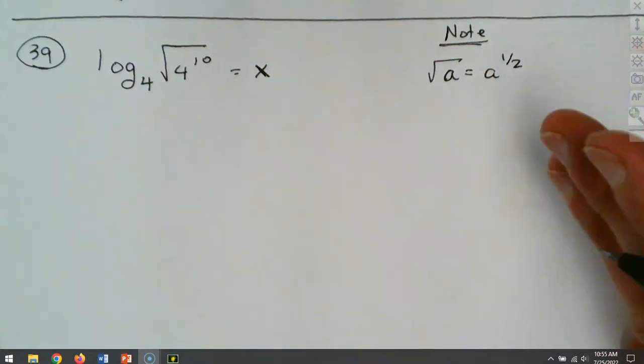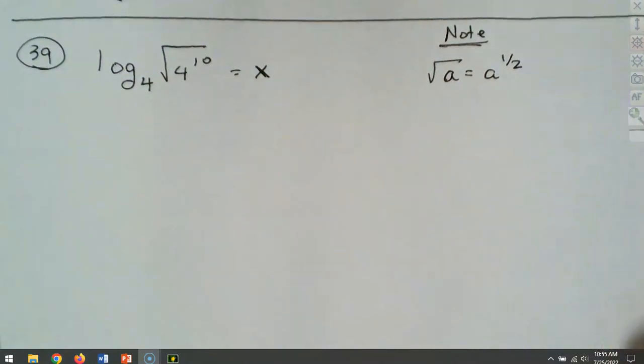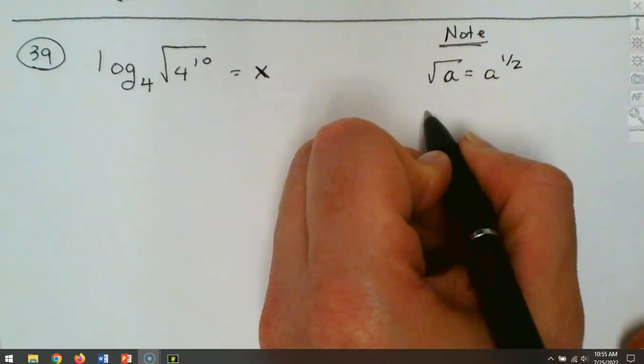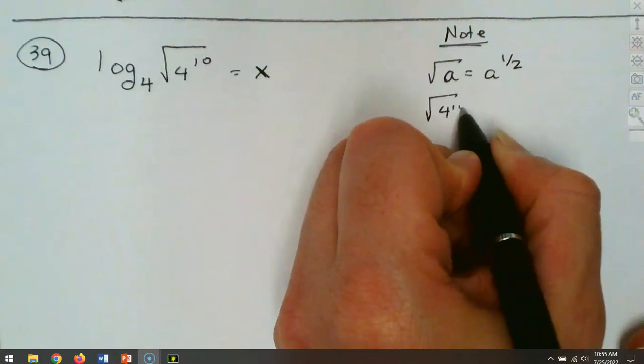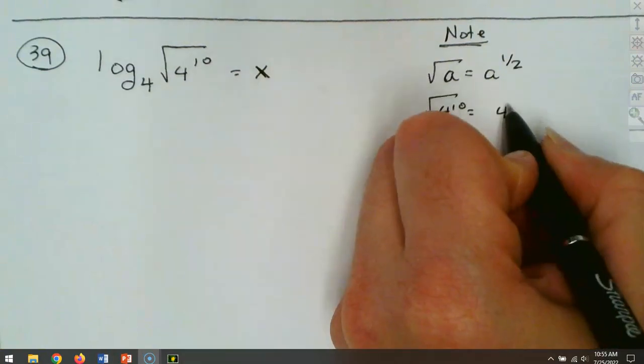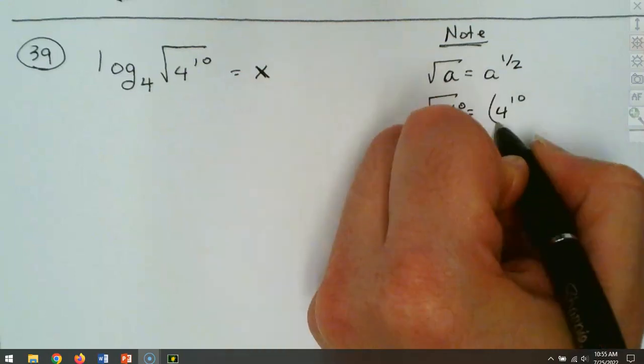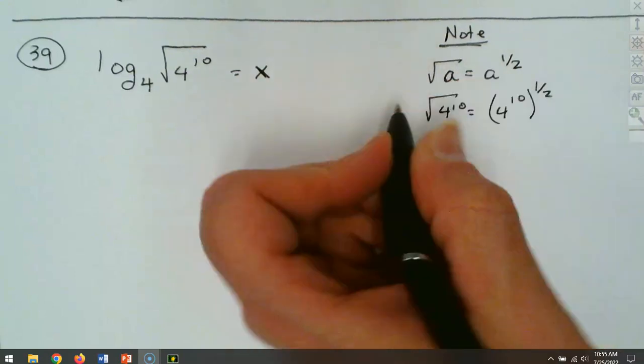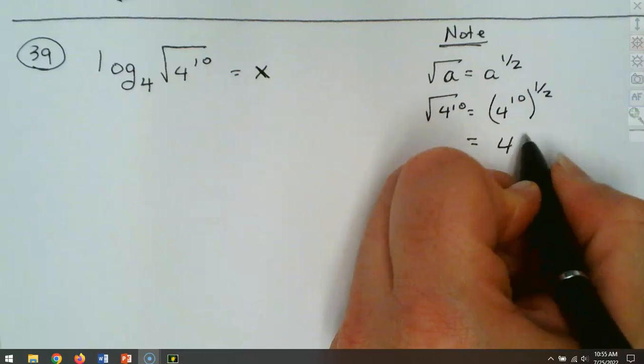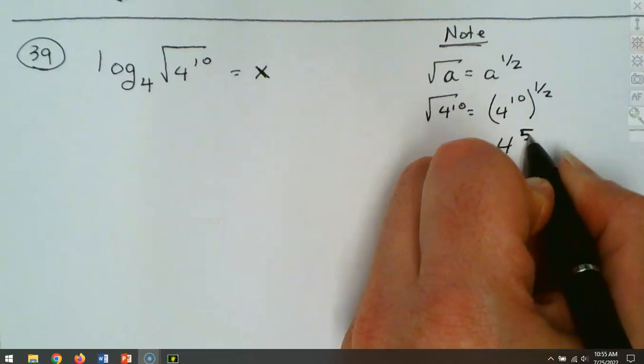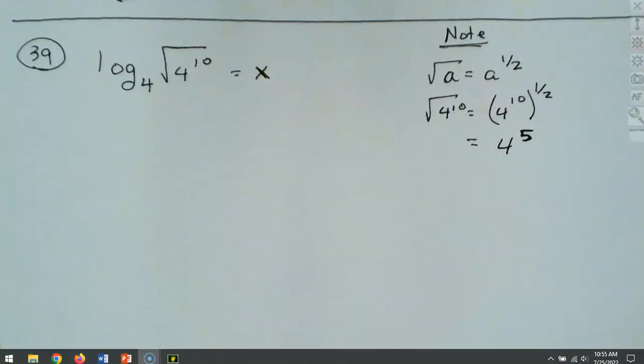So we can take a square root and rewrite it as a half power. So the square root of 4 to the 10th power would be 4 to the 10th power raised to the half, which would then be 4 to the 5th, because half of 10 is 5.